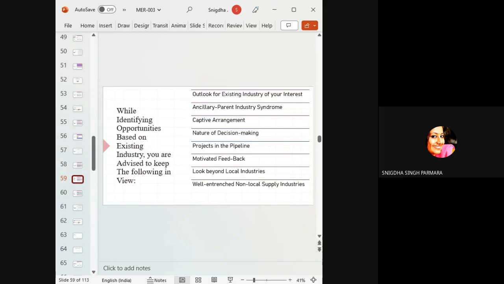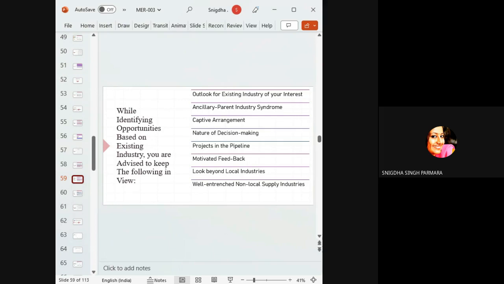So it is very difficult to judge which to blame, whether it is the subsidiaries or the holding, which are responsible for a not smooth relationship between the two. So there could be poor quality, there could be inefficiencies as a result of the poor relationship between the subsidiary and the parent industry.